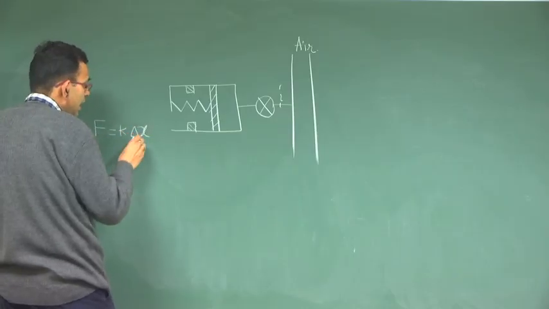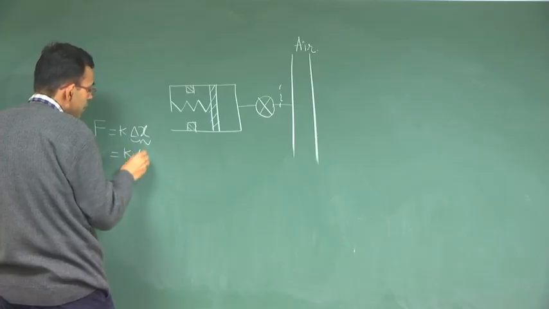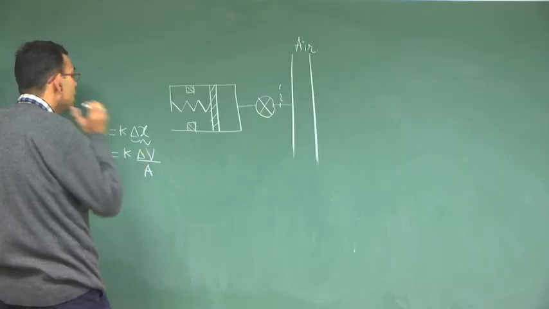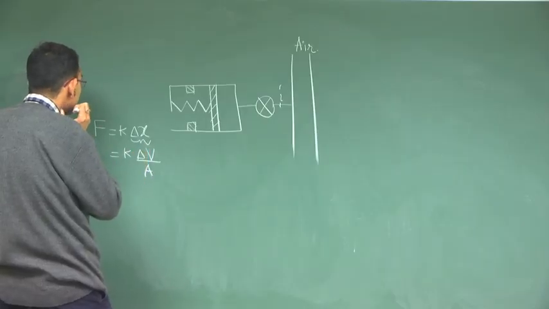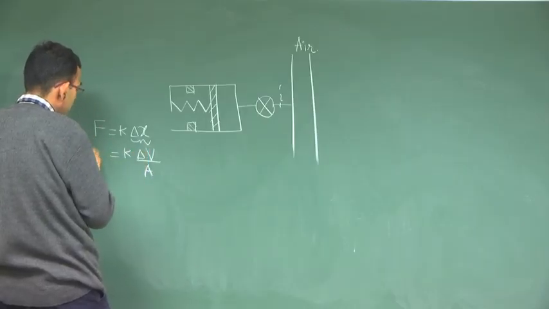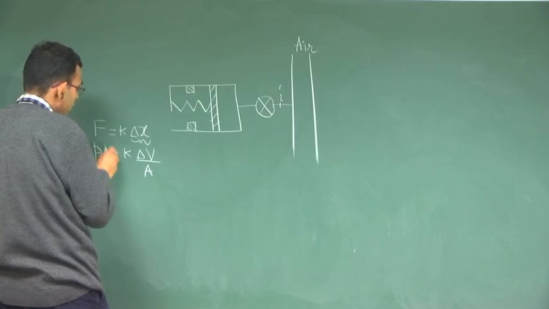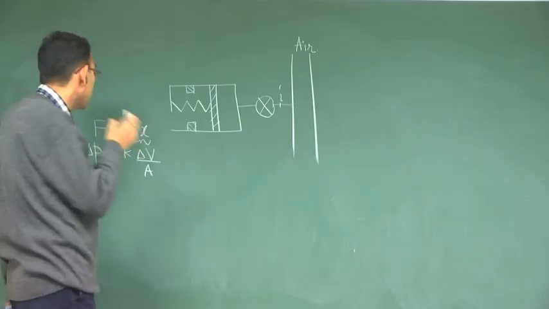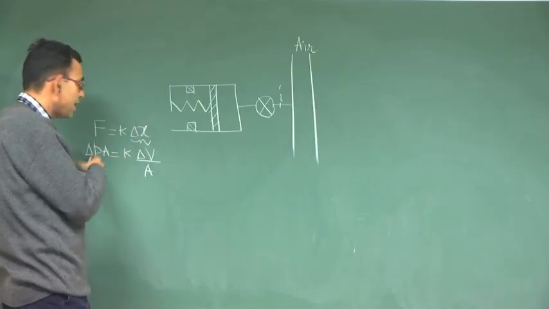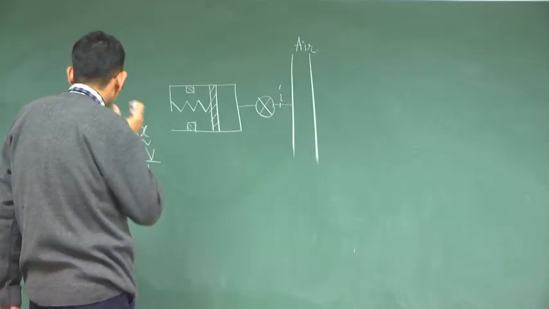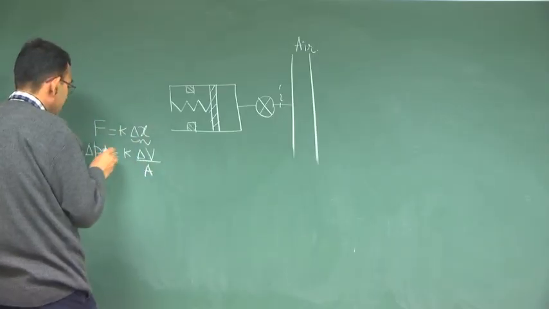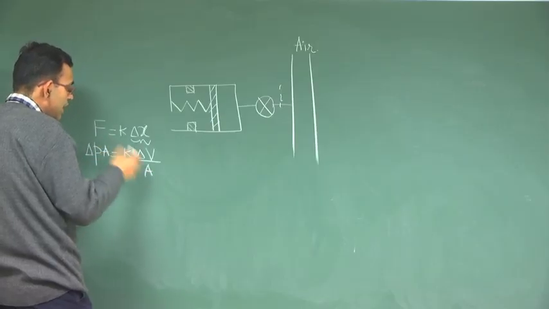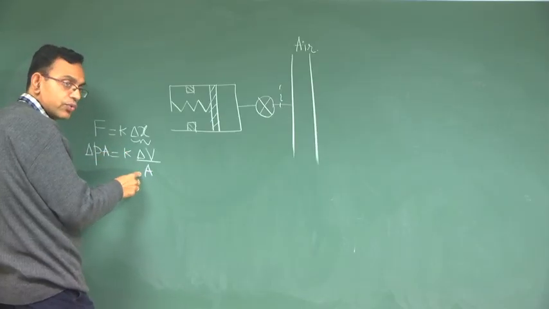Delta x is delta V by A, where A is the cross sectional area of the piston and F is delta P into A. So, the net force is some delta P into A, some P minus P reference. So, this is just to let you know that the pressure versus volume curve will be a straight line with a slope of K by A square.